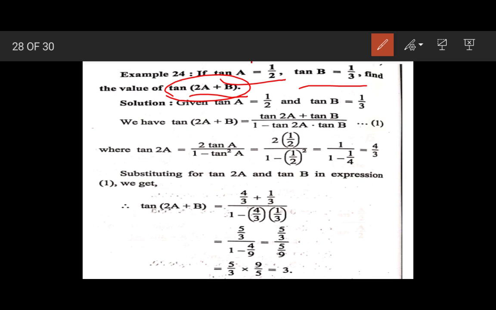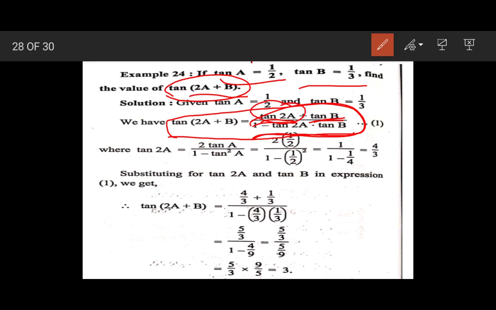So first we have to use the compound angle formula. The compound angle formula is tan A plus tan B, so tan 2A plus tan B upon 1 minus tan 2A into tan B. From the compound angle formula we are getting this term.